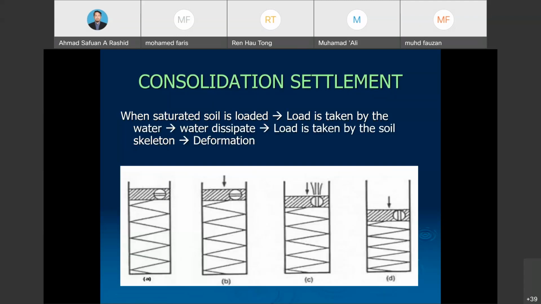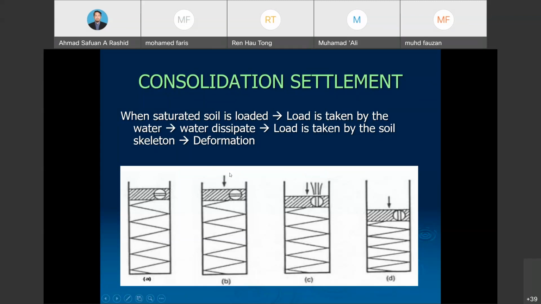Okay, this is a simple analogy on the consolidation settlement. So we just imagine that we have a cylindrical glass or perspex. Then the spring will behave as a soil fabric or soil skeleton. Then this valve, we can imagine it is a drainage system.